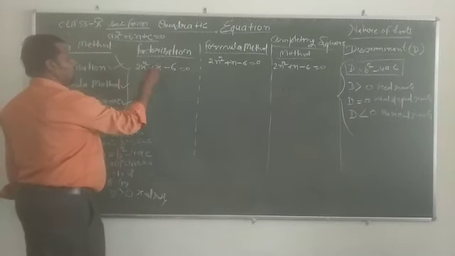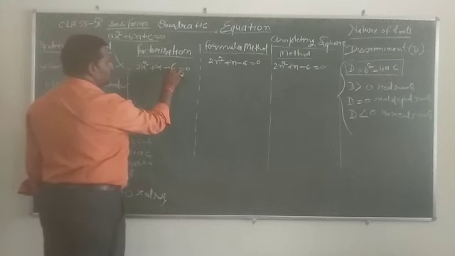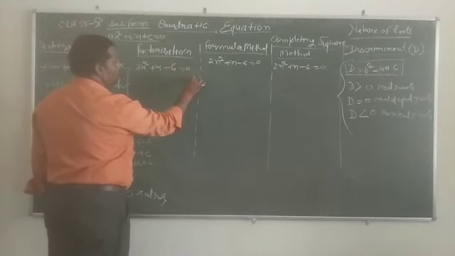Mid-term splitting method means you multiply the first term by the last. What comes? 12.